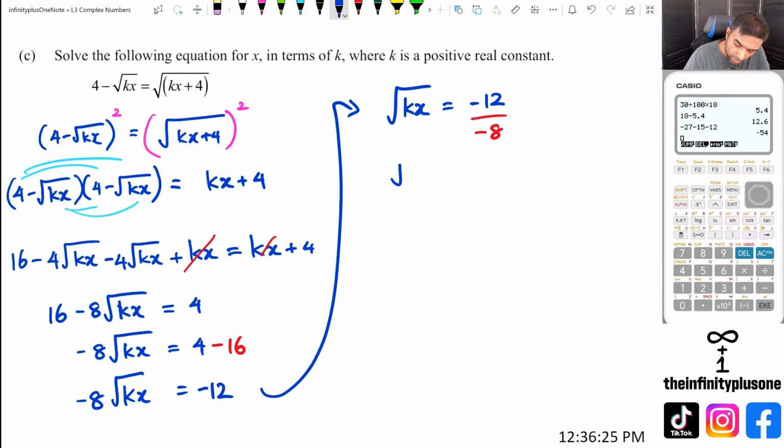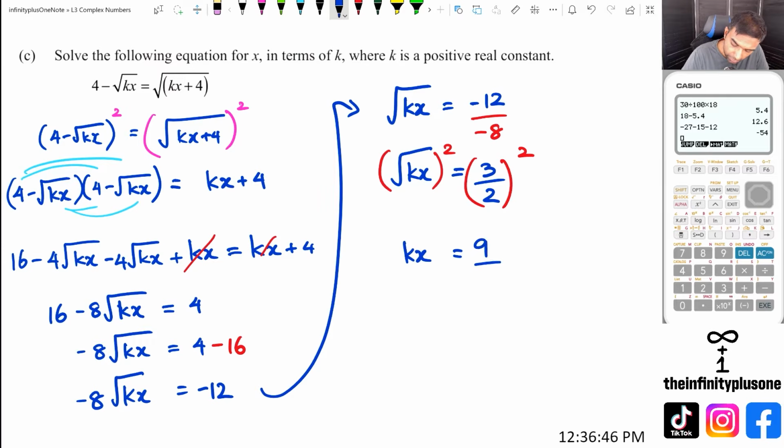Then I can say square root of kx equals 12 over 8. Well, the two negatives disappeared, so I'm going to get 3 over 2. Now I want x in terms of k, so I'm going to have to square it one more time, and I'll end up with kx equal to 9 over 4, and then x in terms of k is going to be 9 over 4k.